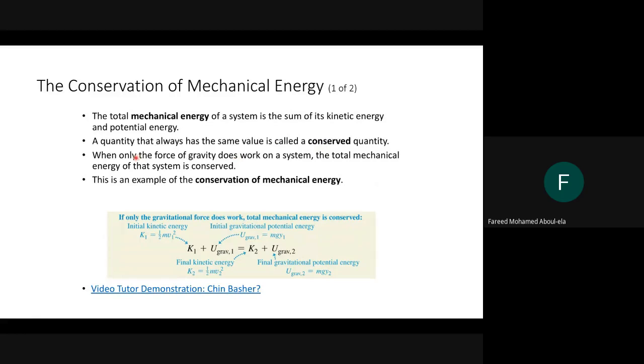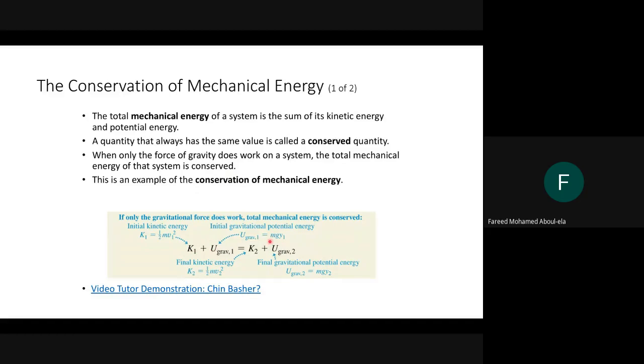Okay, so for example if there is only the force of gravity, all the energy is conserved. So we call that conservation of mechanical energy. And we can write it here as an equation.